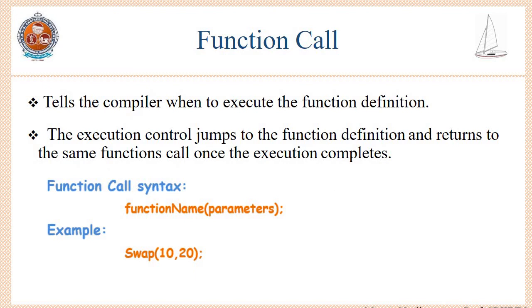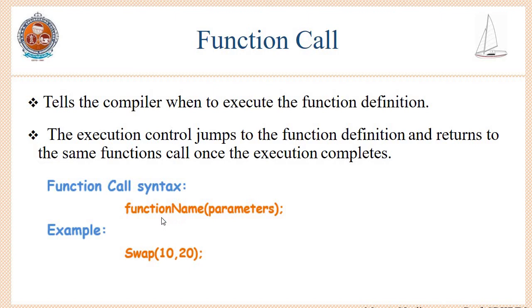And coming to the function call, it tells the compiler when to execute the function definition. When a function call is executed, the execution control jumps to the function definition where the actual code gets executed and returns to the same function call once the execution completes.